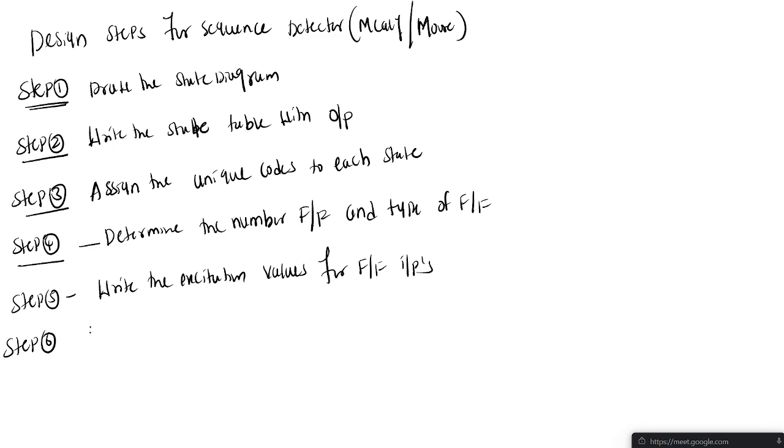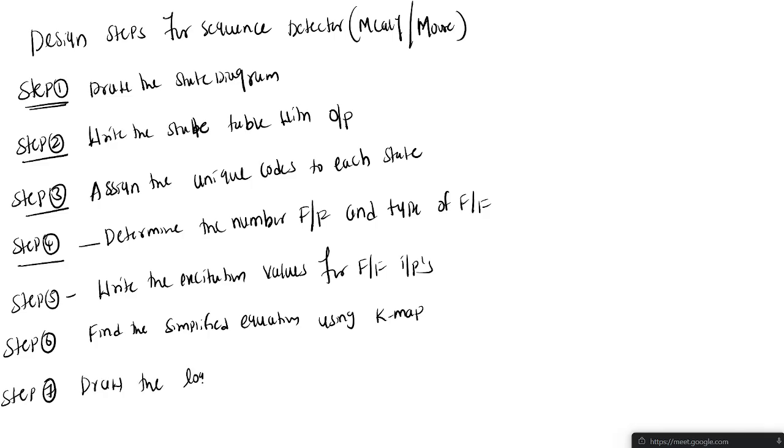See here, we used K-map till the serial adder. So K-map is very important. In each and every design we are using K-map to get the logic expression. Then draw the logic diagram. Is it fine? Okay, these are the steps.